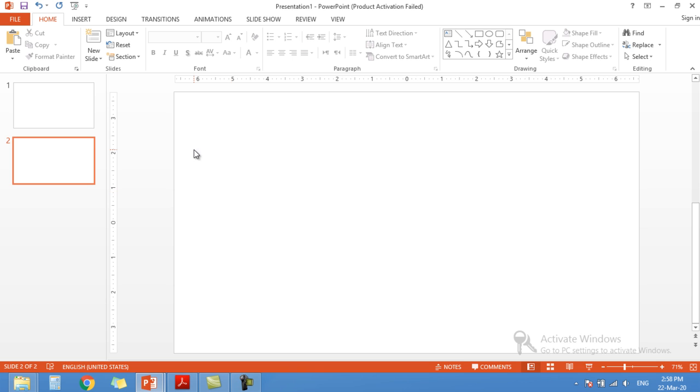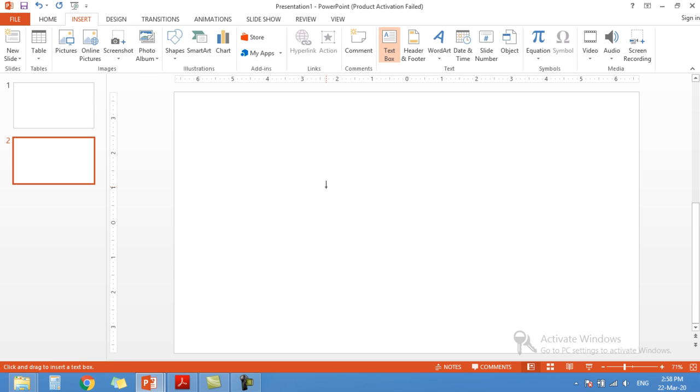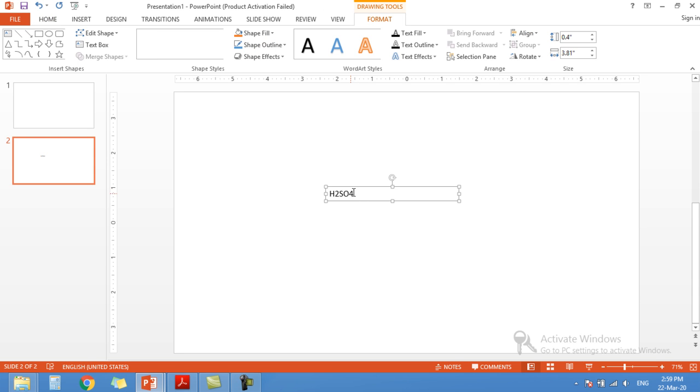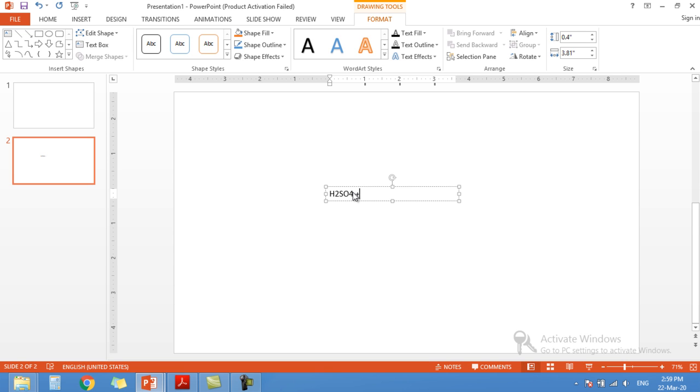When we talk about the reaction between H2SO4 plus NaOH as a base, we will make a double displacement reaction like we learned in the previous chapter.